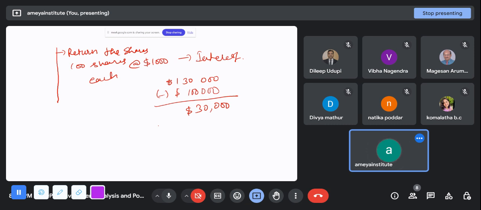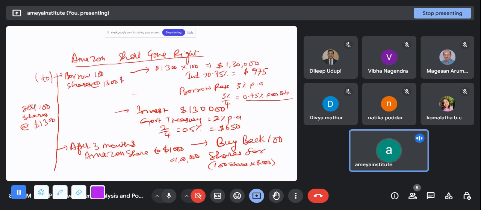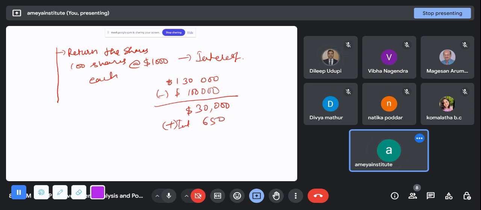Now I also earned some interest. The quarterly interest we got was somewhere around $650. So my total return is $30,650.